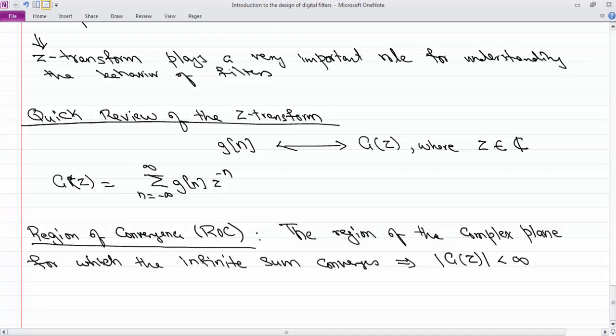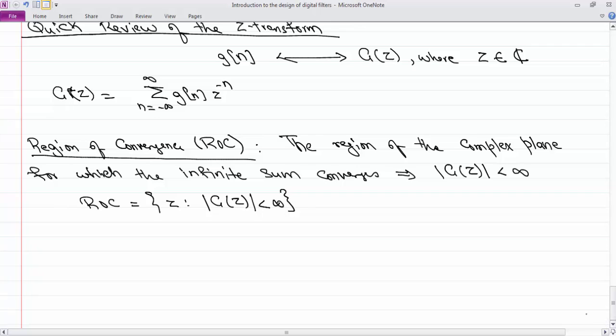So the region of convergence is defined as the values of z for which the absolute value of g of z is less than infinity. And since z is a complex number, you are talking about this two-dimensional complex plane. So you are looking at which part of this z plane your g of z converges.